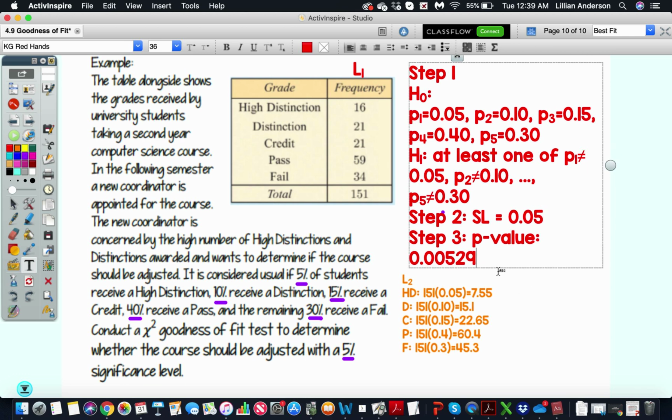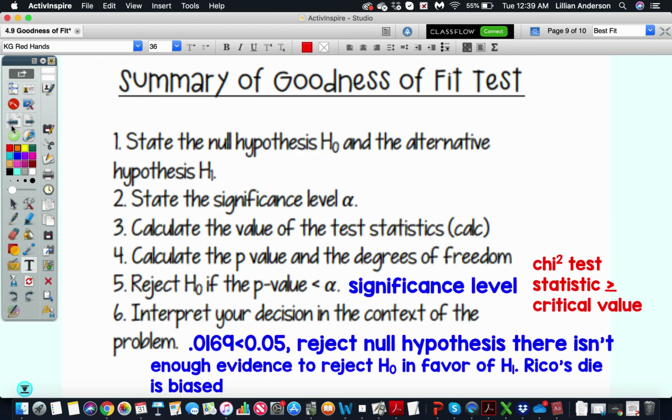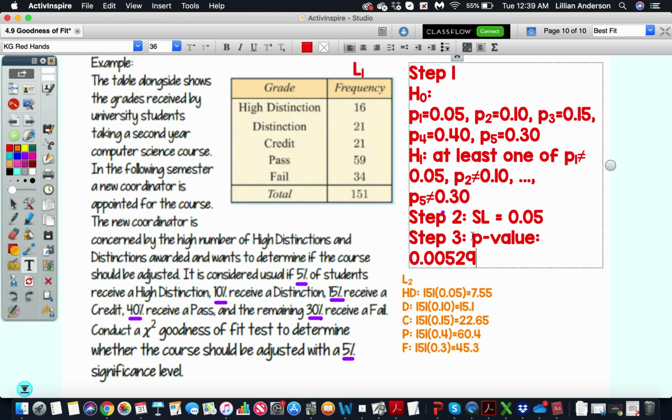That's step 3. Now step 4, and 5 kind of merge together because this is when you determine if you accept or reject. Or am I off on my steps? Okay, I am. Sorry.